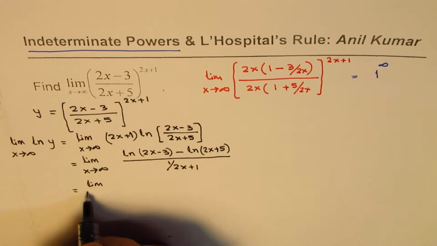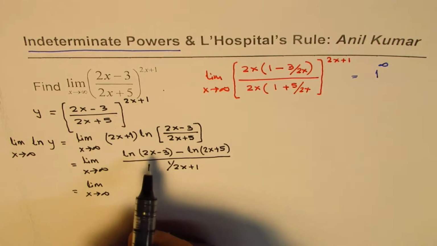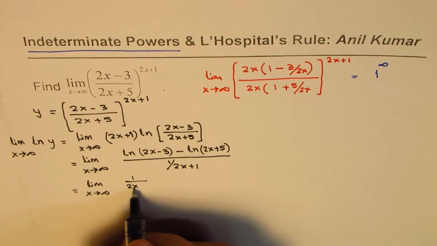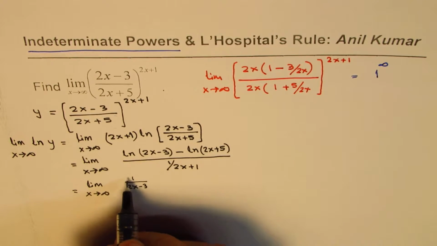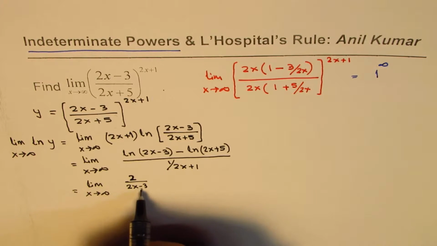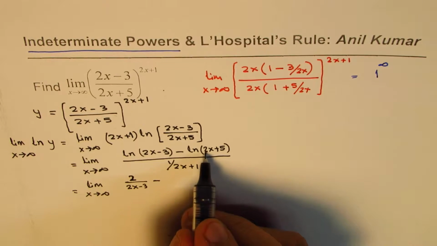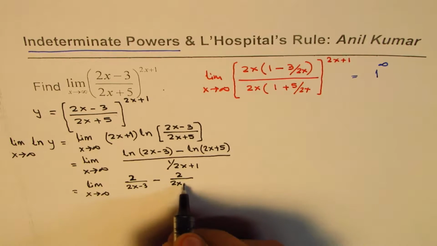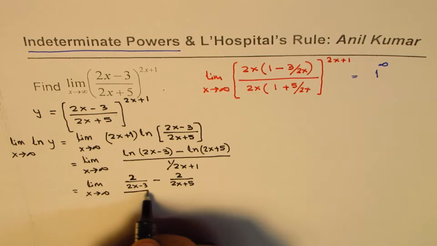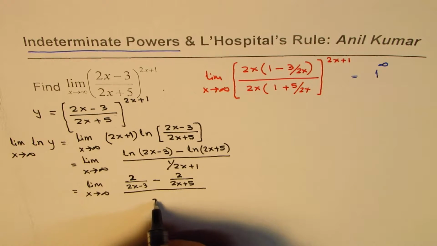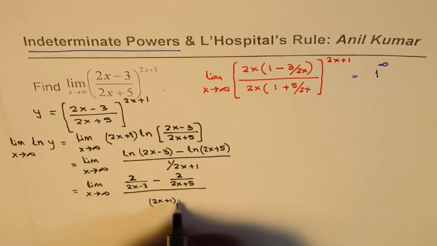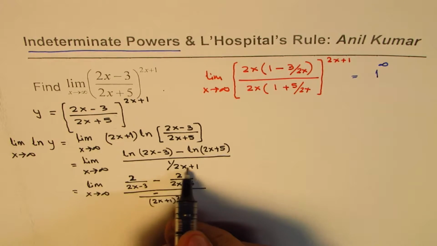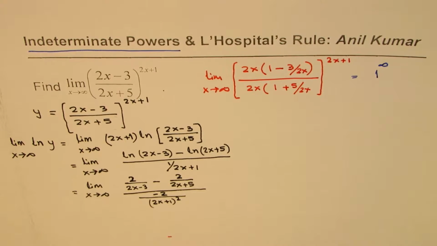So we get the limit as x approaches infinity of: the derivative is 1 over (2x minus 3) times 2, so let me write this as 2 over (2x minus 3), minus 2 over (2x plus 5), divided by 1 over (2x plus 1) whole square, and the derivative will be minus, the derivative of this is 2. So this is what you get, correct?